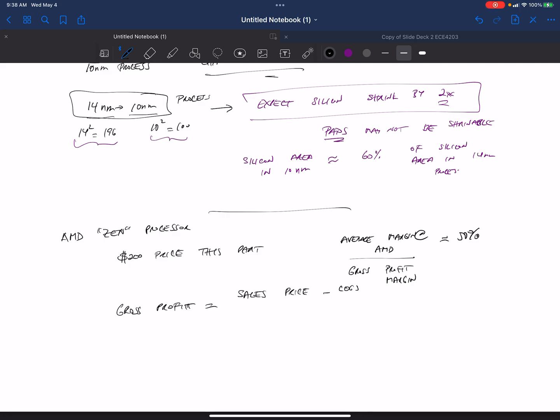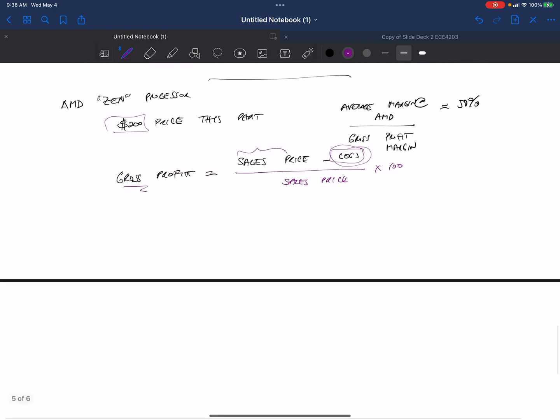In this case, we're trying to go backwards from the $200, which is the sales price, and we want to see what the cost is. So sales price minus cost of goods sold, over the sales price, times 100, because gross profit is given in percentage.